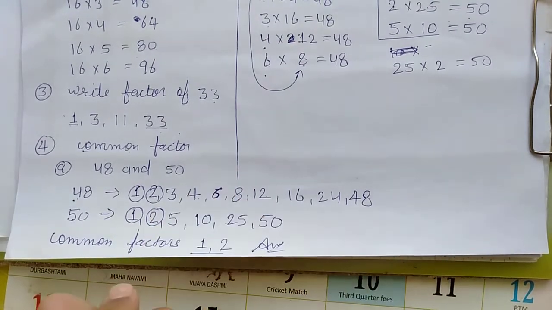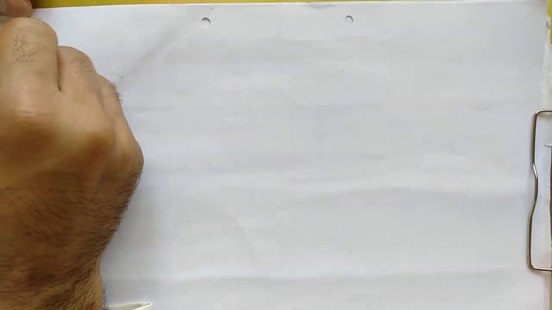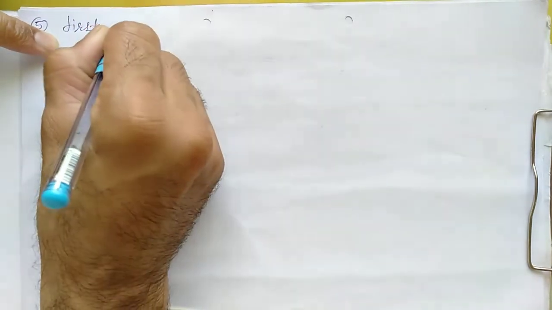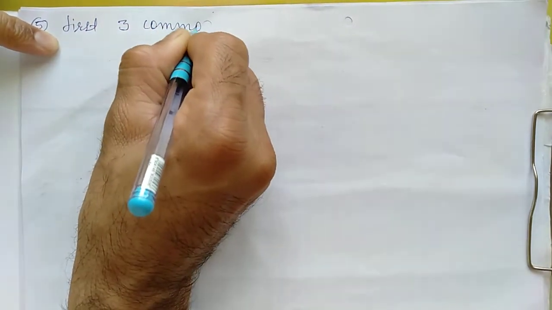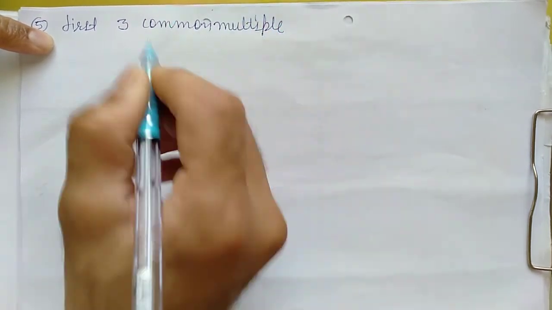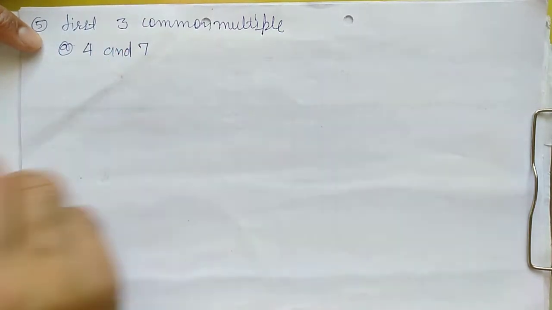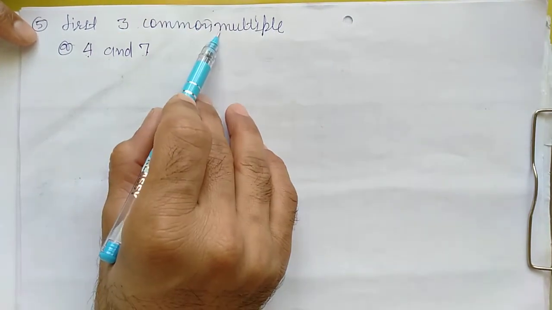Now the next question is: find the first three common multiples. I am taking a new page. Common means we should have a minimum of 2 numbers. Question number 5: first three common multiples of 4 and 7. Common multiples we have to find, and the first three.